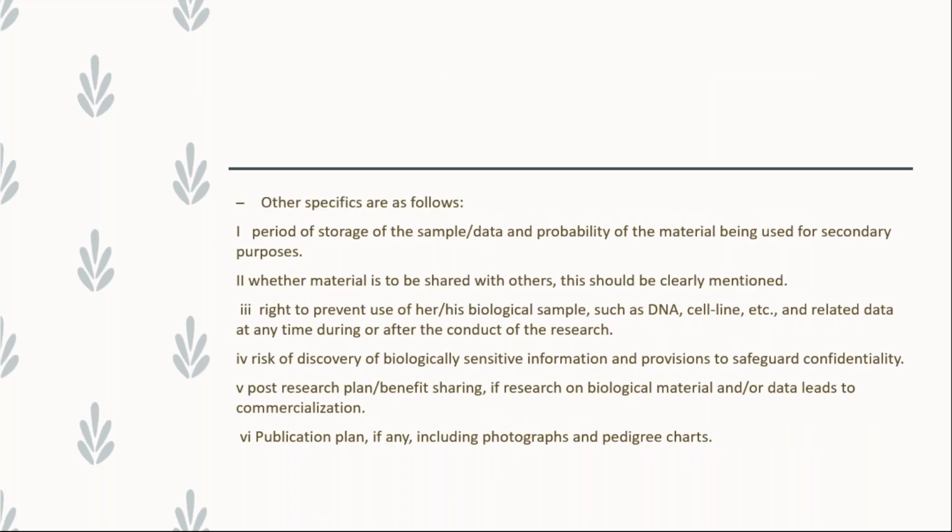Then in certain studies, we are collecting samples. Regarding how the samples will be handled after the study, that also needs to be explained to the patient. Whether it will be used for any further studies, such things also have to be included. So that is the third part.